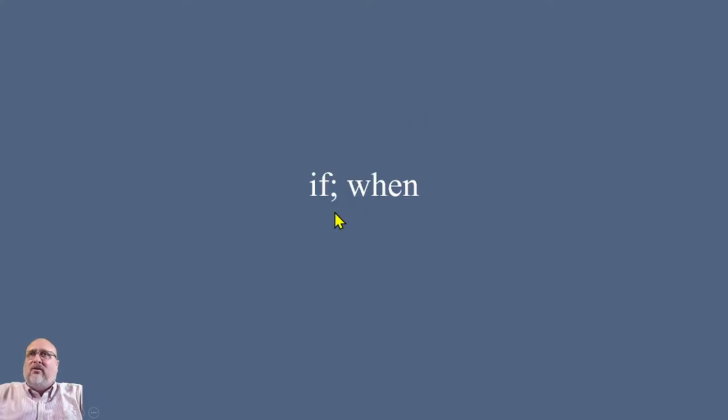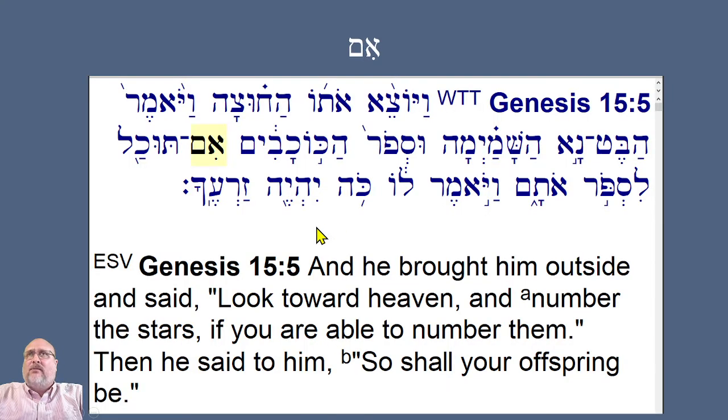Im is if, and here's a place where it's used. And he brought him to the outside, and he said, look, please, to the heavens, and count the kokavim, count the stars, if you're able to.